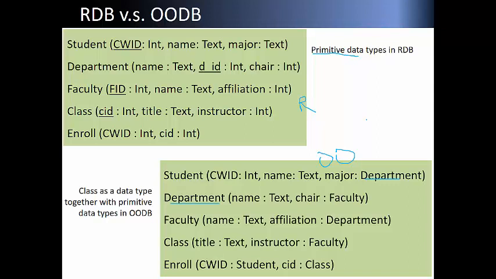If you understand this slide completely, then I would say you understand the difference between relational database and object-oriented databases. Okay, this object-oriented database is fully implemented in OR databases, object relational databases. If you use the advanced features of current commercial DBMS like Oracle, then Oracle supports OODB like this.